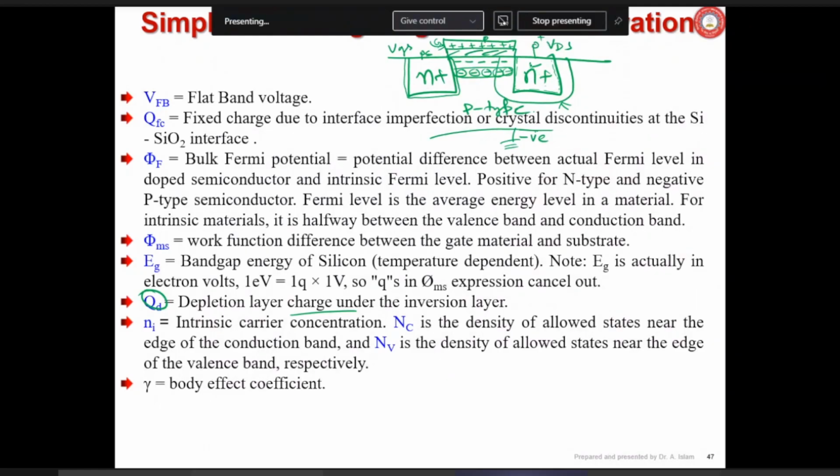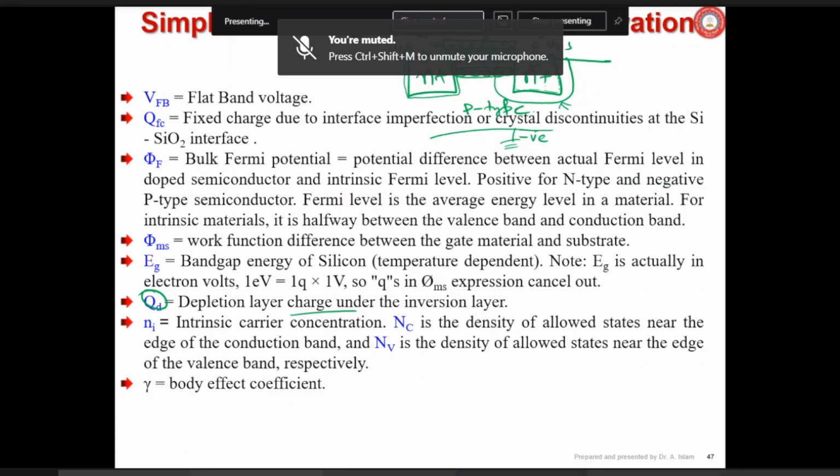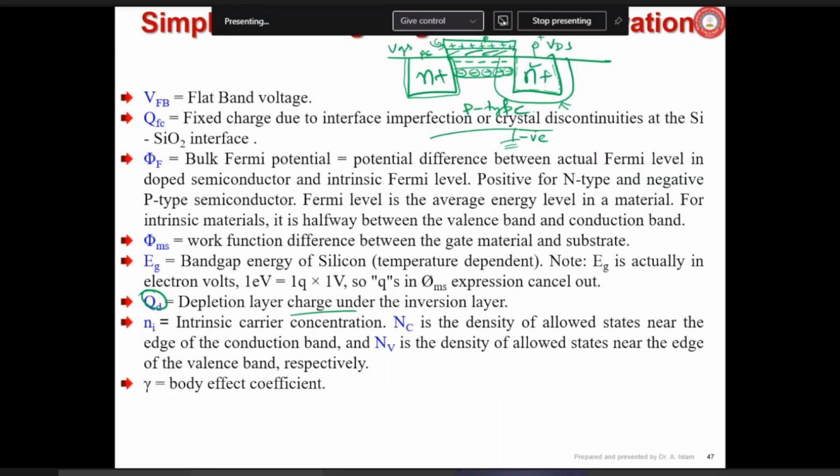So what depletion layer will be around this side, the substrate side? Think and tell. We're talking about the depletion layer, but what type? This is nothing but your PN junction.